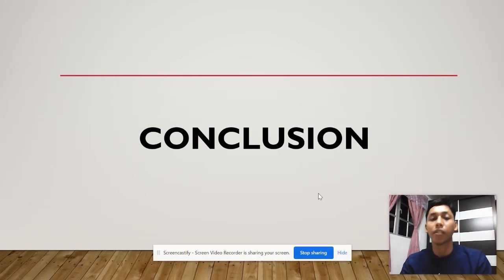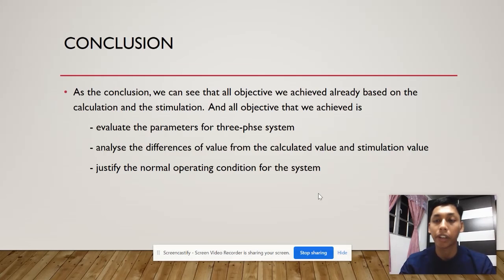Okay, for the last one, I want to tell about the conclusion. From this project report, the conclusion that I get is that all the objectives we set have been achieved, based on the calculation and the simulation.